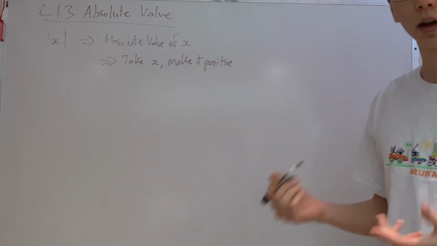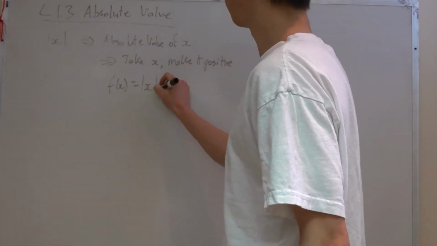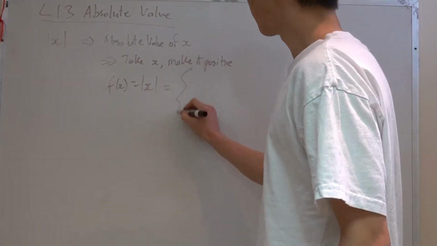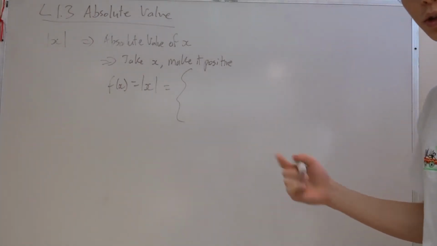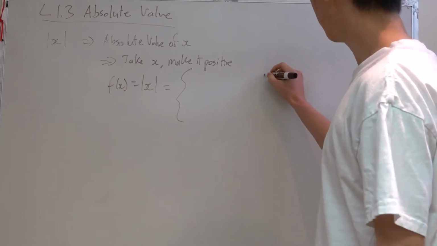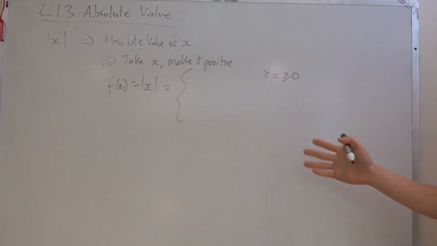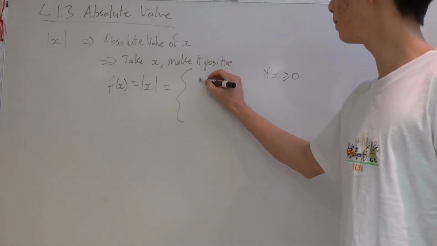So we can actually define a function, f of x equals absolute value of x, and we'll define it piecewise. So that's why I introduced the piecewise function notation earlier. So what we'll do is that if x is greater than 0, so in other words, if x is positive, then it does nothing.